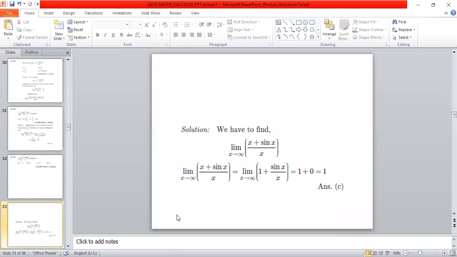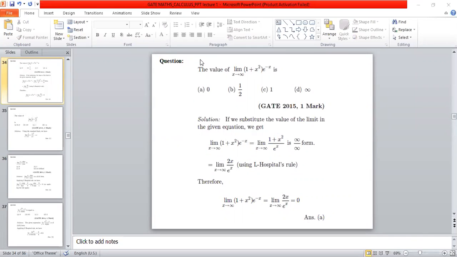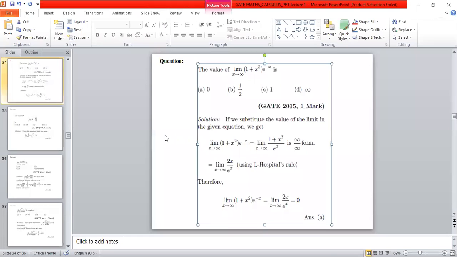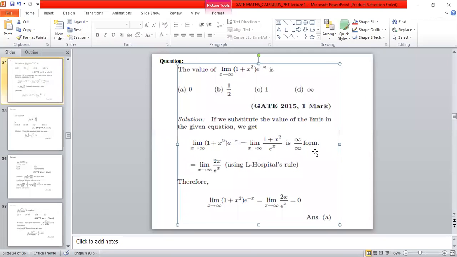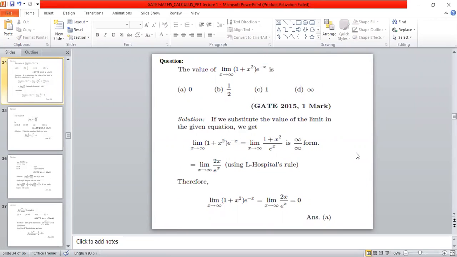Sure. We'll move to the next question. The value of the limit of 1 plus x square times e raised to minus x is asked.